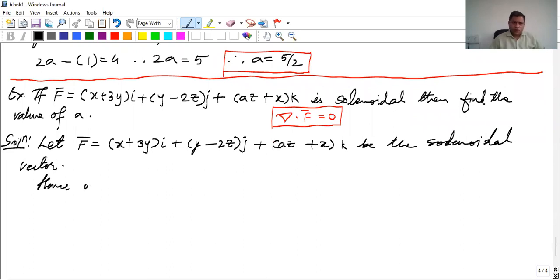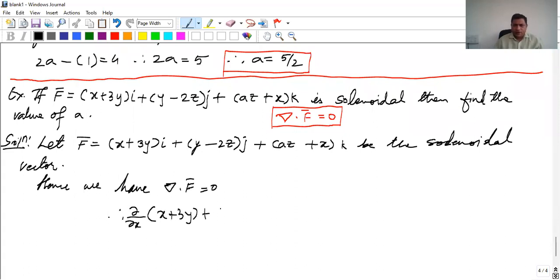Hence, we have del dot F bar is equal to 0. So what is del dot F bar? It is ∂/∂x of (x + 3y) plus ∂/∂y of (y - 2z) plus ∂/∂z of (az + x), and this is going to be 0.